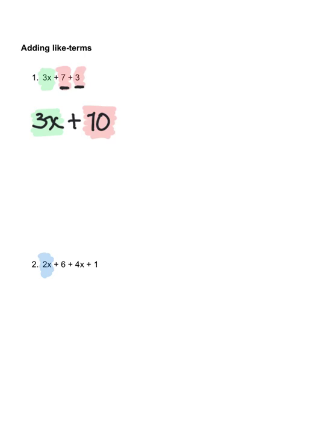That means I'm looking for a term that has the variable x in it. And I have it here where I have 4x. Then I'm going to take a different color and I'm going to shade my second term, which is 6. And I'm going to look at my expression. Do I have any like terms that's only a constant, like 6? And I have 1. 1 is also a constant because it's a number by itself.